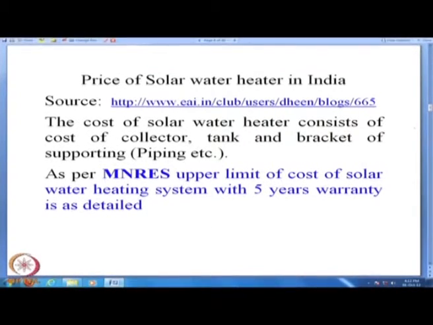And now, to get an idea for economic analysis, again a good website is available, www.eai, which is the Ministry of Renewable Energy Sources. They have specified a sort of upper limit cost of a solar water heating system with a 5-year warranty.